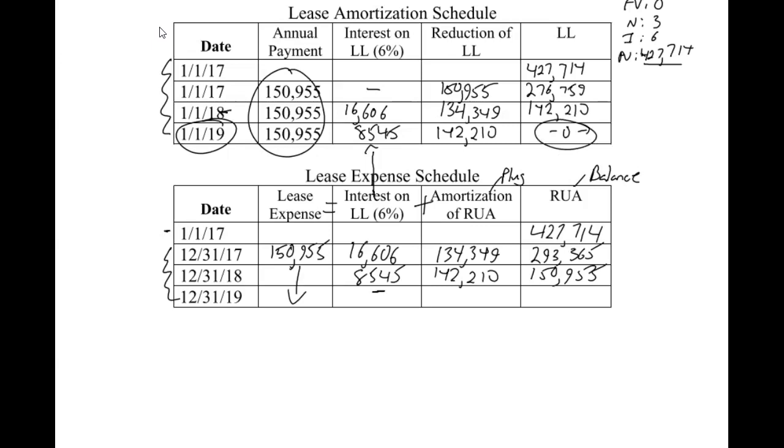Therefore, there's no interest accrued on this $0 number during 2019. Notice this date right here is the end of 2019. So this would be 0 here, which means all of it would go as part of the amortization number, and that would zero that out at the end. Okay, so that means up here we have our lease liability at 0 at the end, and our asset is 0 at the end. Both are what we want to see happen.